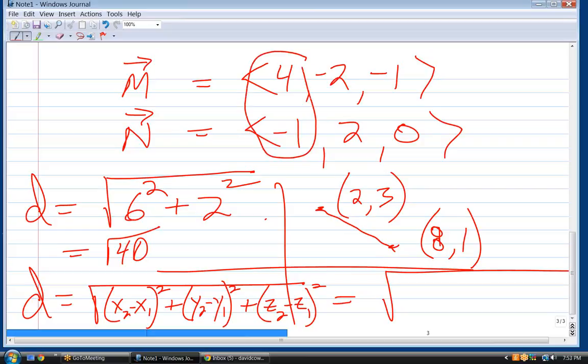It's the difference between 4 and -1. 5. Squared is 25. What's the difference in the y components squared? 16. And the difference in the z components squared? 1. Yeah. Square root of 42 is the distance between M and N.